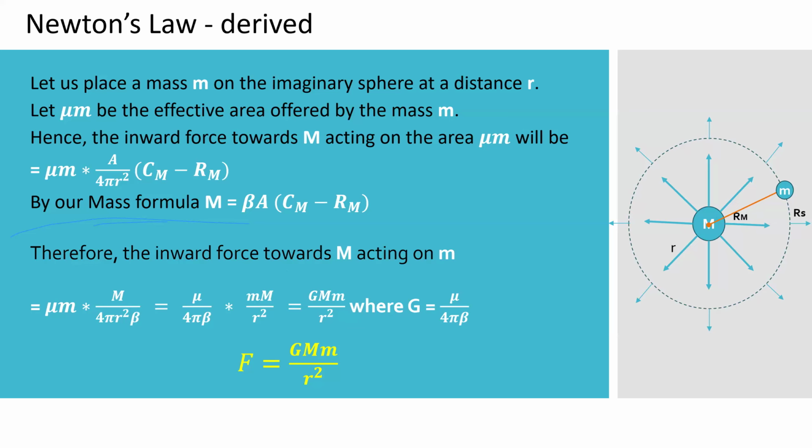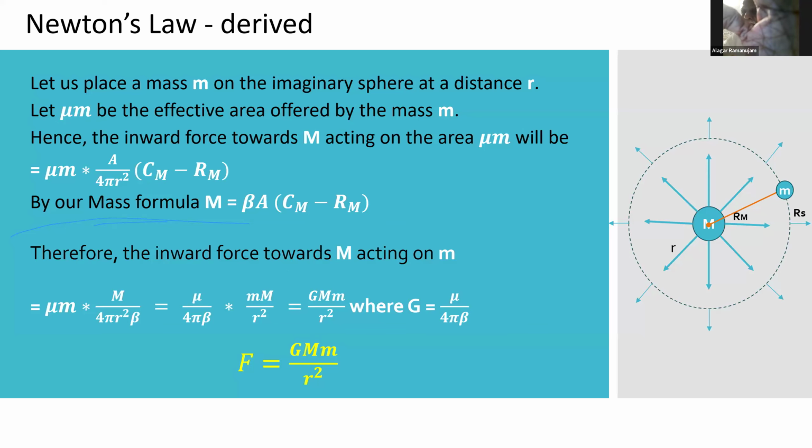In Newton's law, G is simply taken as a proportionality constant. He doesn't have a physical explanation of what G is. G is a proportionality constant, that's all he has considered. In our case, G has a structure inside it.